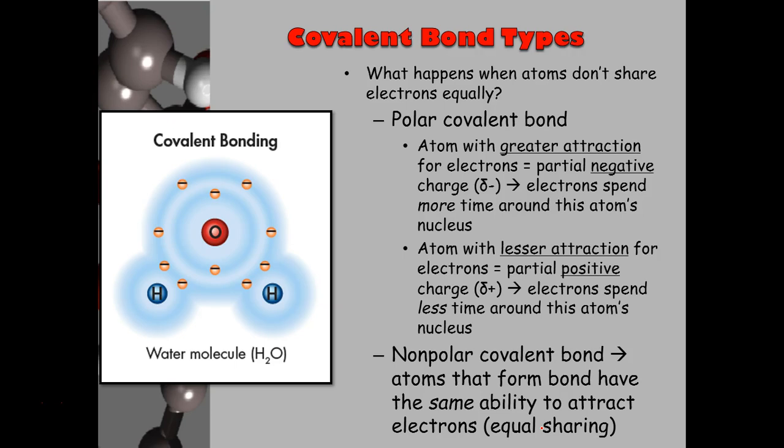A polar covalent bond is somewhere in between being ionic and nonpolar. Alright, so ionic, they completely take, somebody completely loses. Nonpolar, 100% equal share. Polar covalent, I end up in the middle where some atom or atoms in that molecule have a slightly stronger attraction for those electrons.